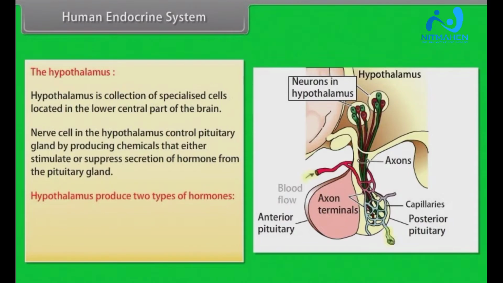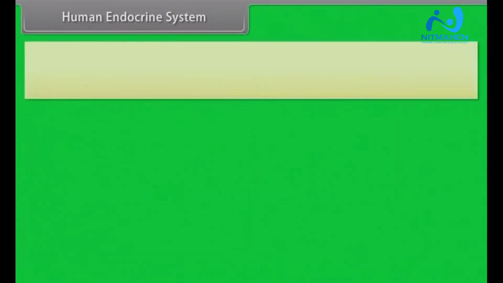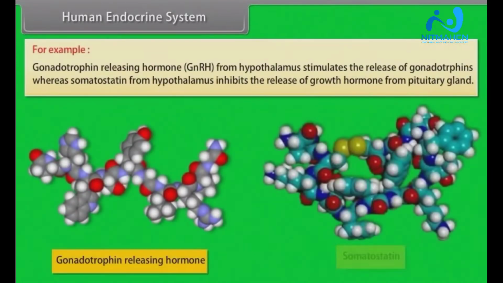Hypothalamus produces two types of hormones: releasing hormones and inhibiting hormones. For example, gonadotrophin-releasing hormone from the hypothalamus stimulates the release of gonadotrophins, whereas somatostatin from the hypothalamus inhibits the release of growth hormones from the pituitary gland.